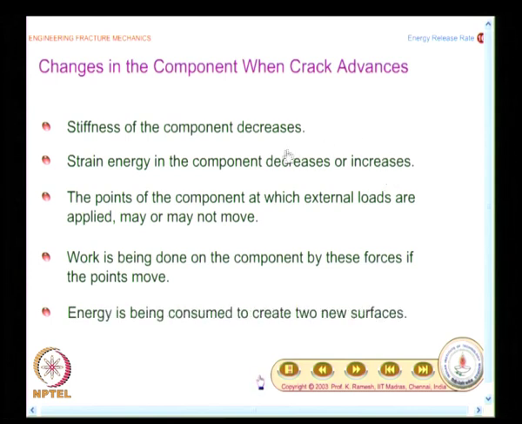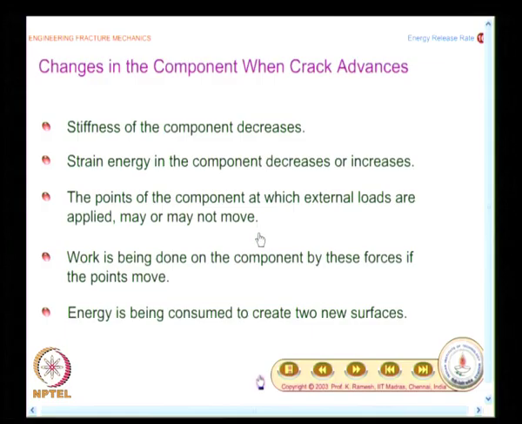This also we had a look at the problem of double cantilever specimen, and we were able to see it for two extremum conditions of constant load and constant displacement. We would look at them again.